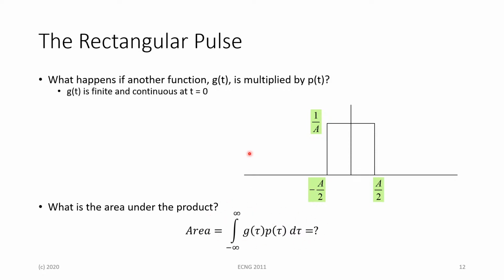So if we had some arbitrary signal, g of t, being multiplied by a rectangular signal, p of t, the area under the product is going to be this integral form in order to evaluate the actual area. As such, if we needed the area underneath this curve for a rectangular signal, the mathematical formula is our integral form here.